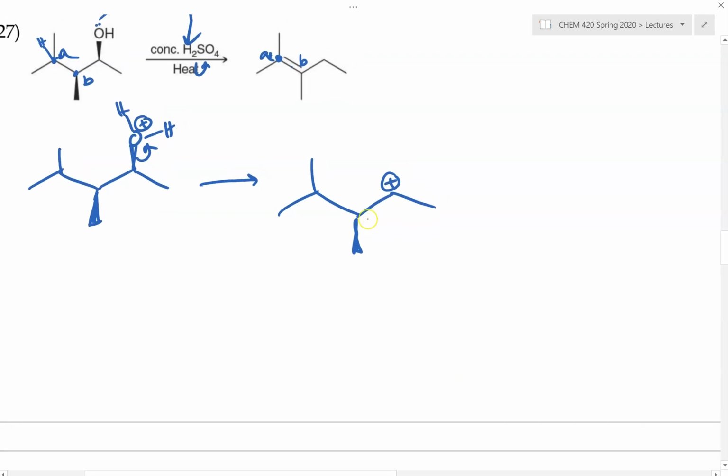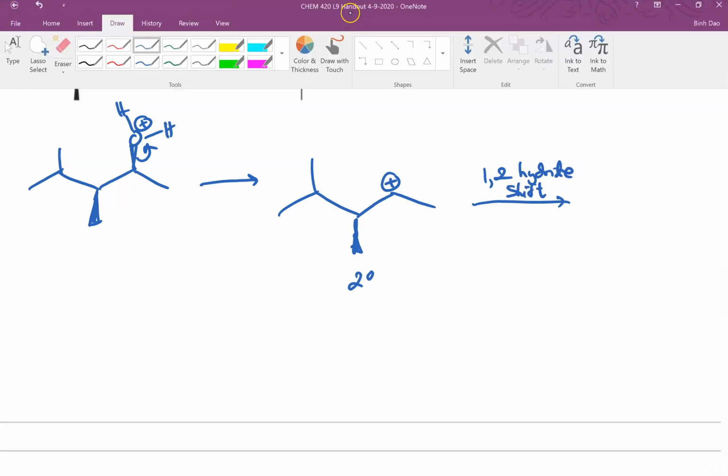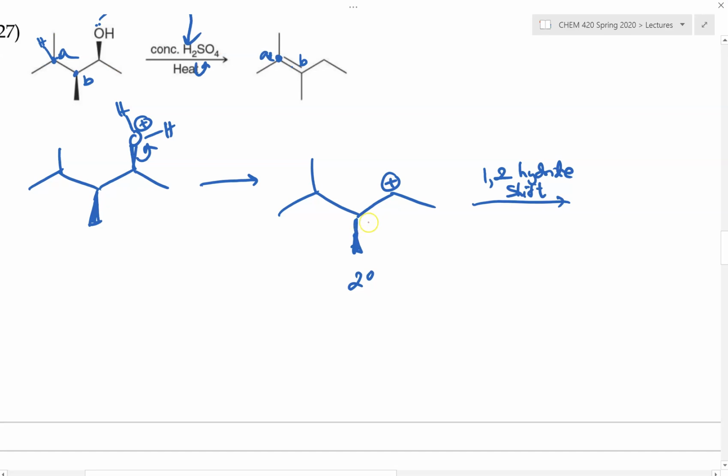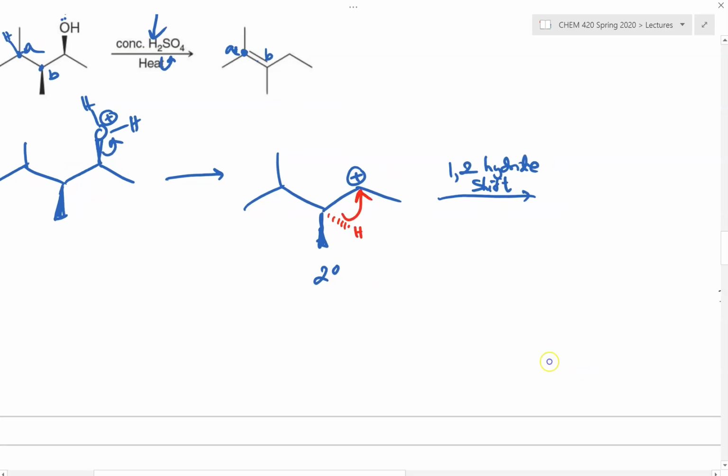Here we are producing a secondary carbocation, and we know that this is not the most stable type of carbocation. So it would be followed by a carbocation rearrangement through a 1,2 hydride shift. The mechanism of this is when this hydrogen from the back comes to attack this carbocation.